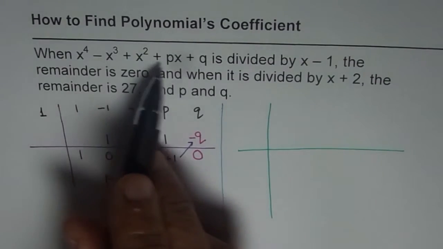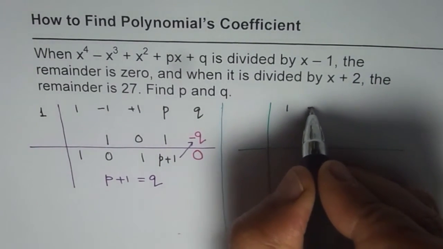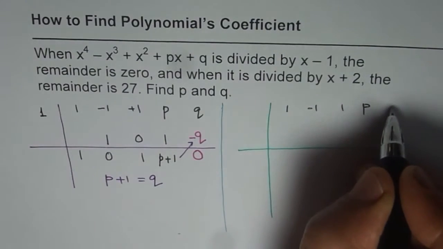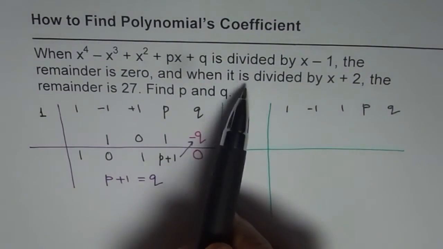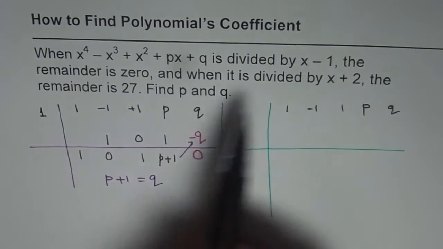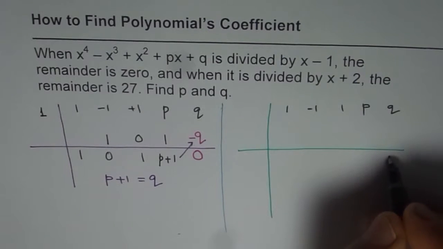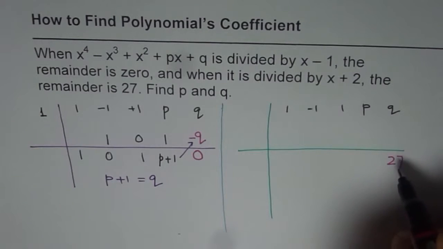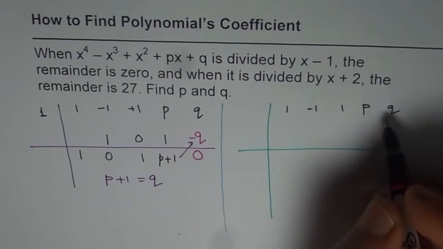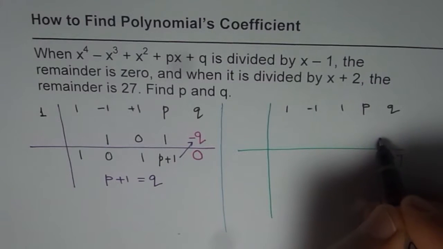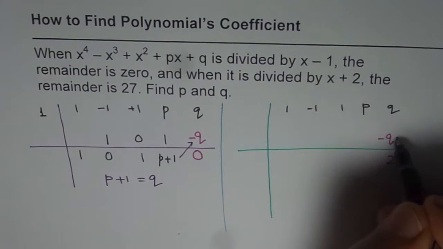So again, we have 1, minus 1, 1, p and q. Now when it is divided by x plus 2, the remainder is 27. So this time we are getting a remainder of 27, right? How will you get a remainder of 27? You can get it if we have a term here which is minus q, so when you add, q gets cancelled, and plus 27, of course, only then you'll get it here.